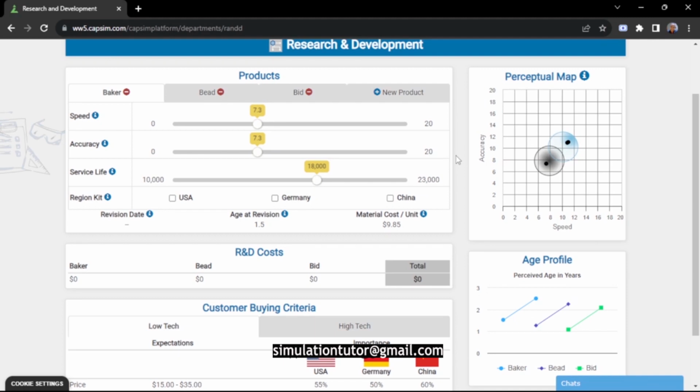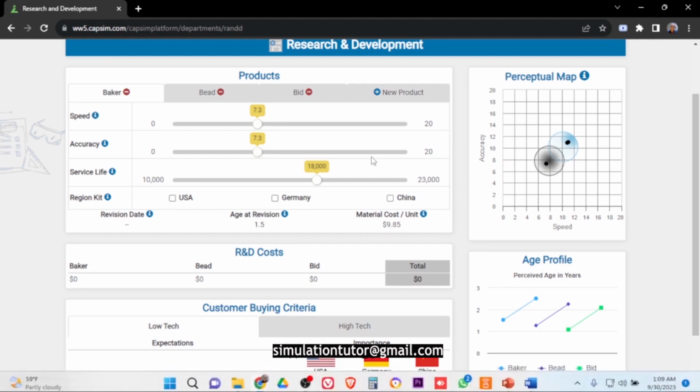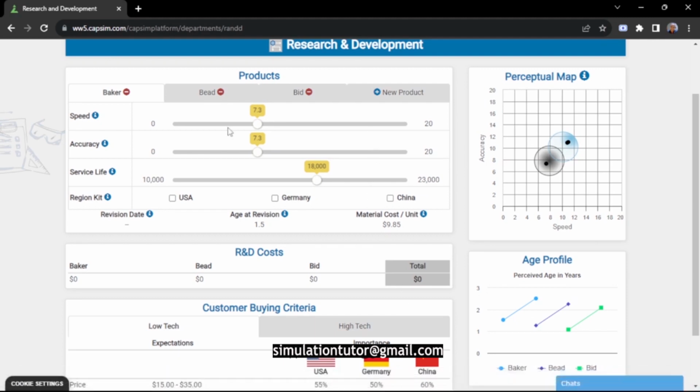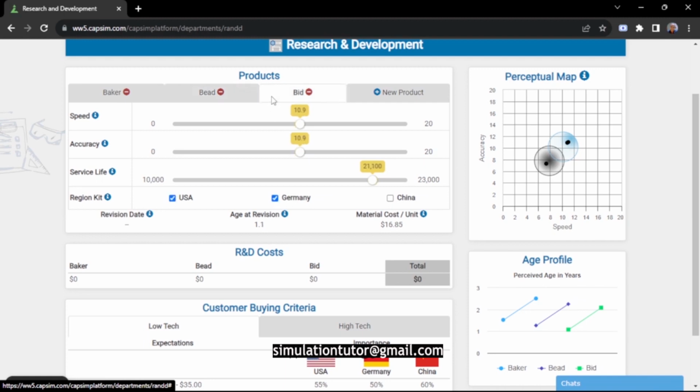Under the research and development, here is where we make decisions in terms of designing the product. If you look at my product, we have three products. We have Becker, we have Bid, and we have Bid. The first thing is with Becker, because under the research and development, we have the R&D costs, and I don't think I'll need to use those costs. I'm just trying to minimize my expenses.